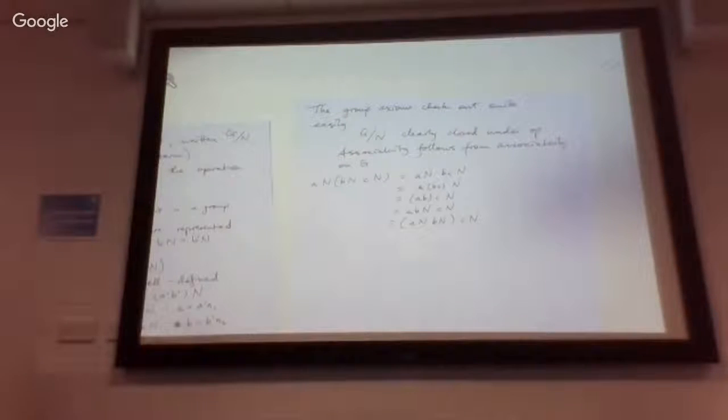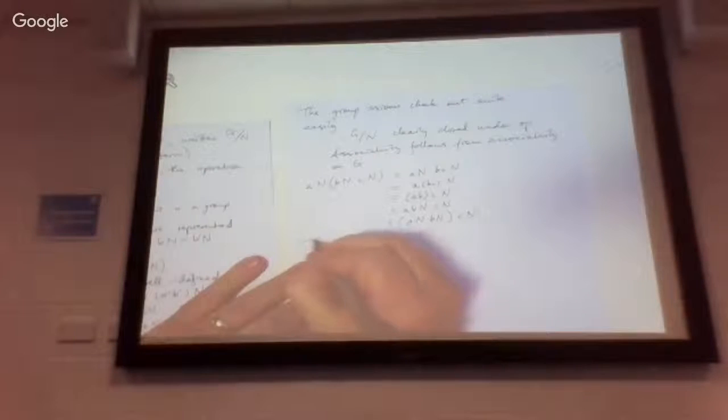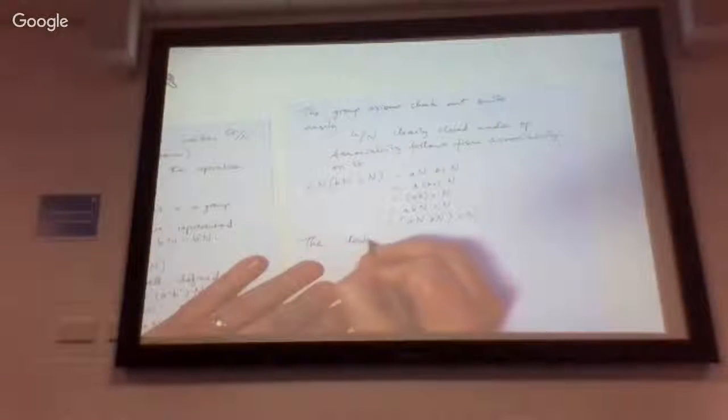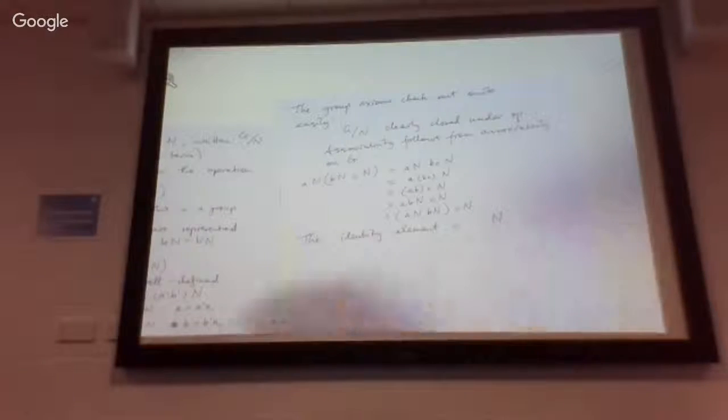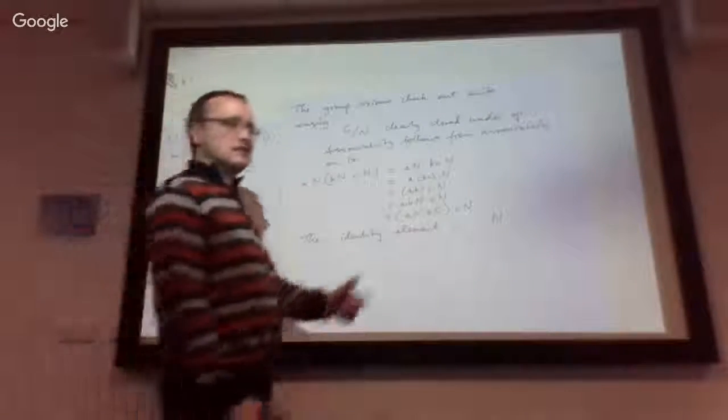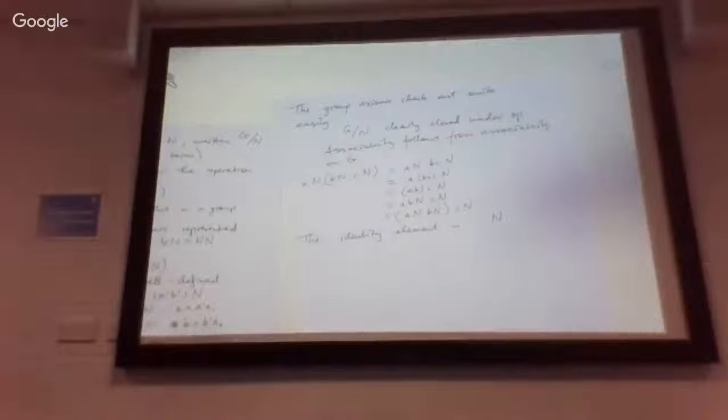It's closed, it's associative. It has to have an identity element. Now, it's a coset. So which element goes there? If I held a gun to your head and said, I'm going to hold a gun to Jonathan's head, which is the identity element? Which element goes in front of N?